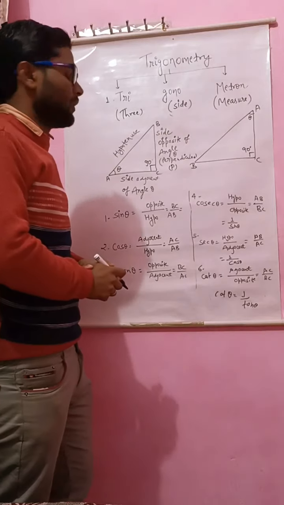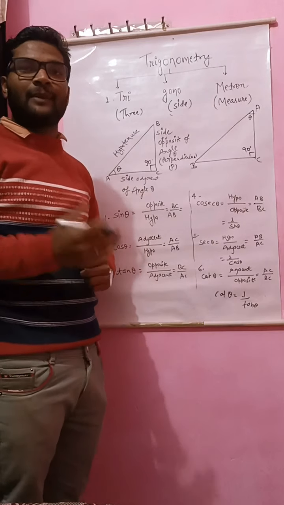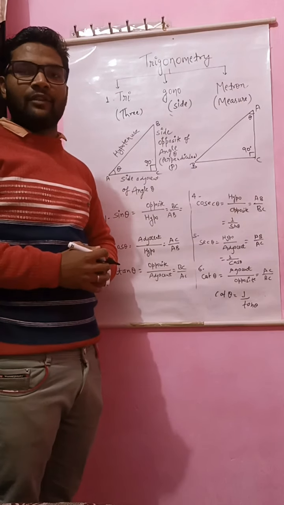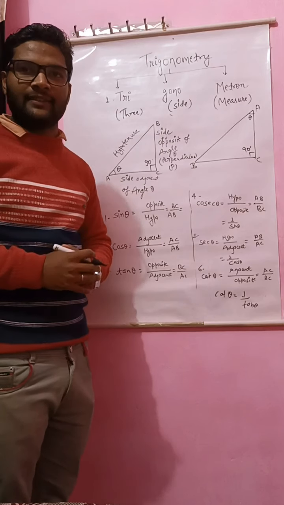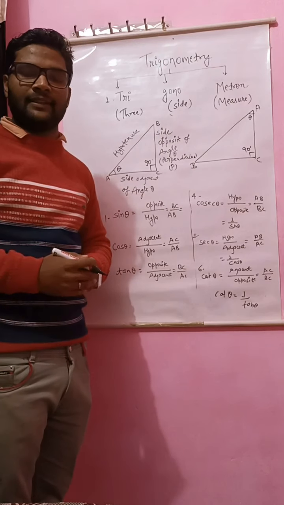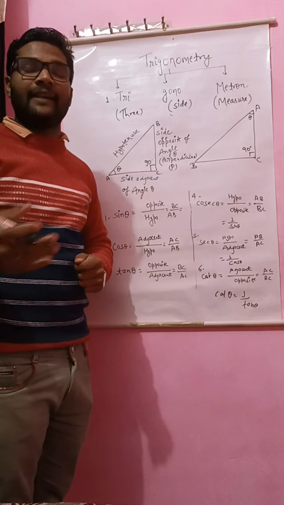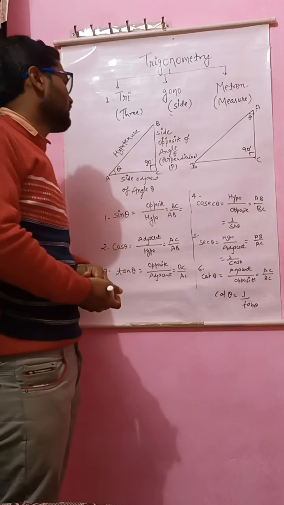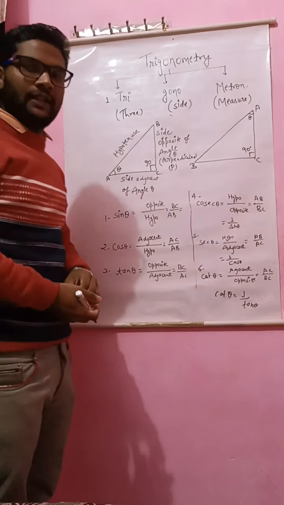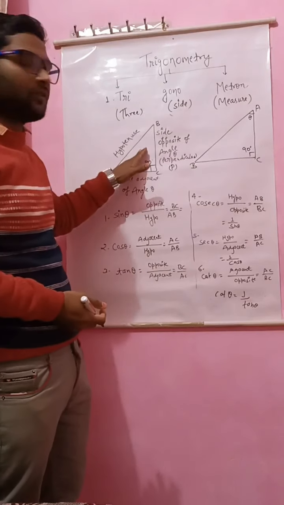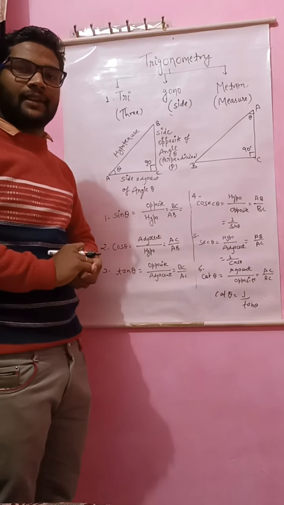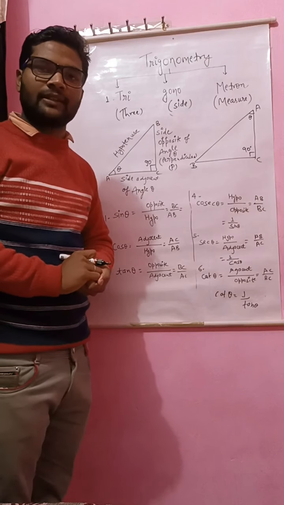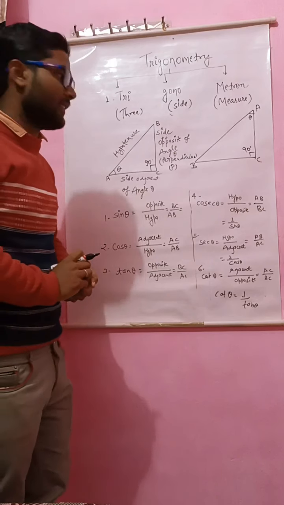We use trigonometry in our basic life to calculate the height of mountains and buildings and other towers also. First, we have to understand what is a right triangle, because in trigonometry we will only discuss the right triangle.